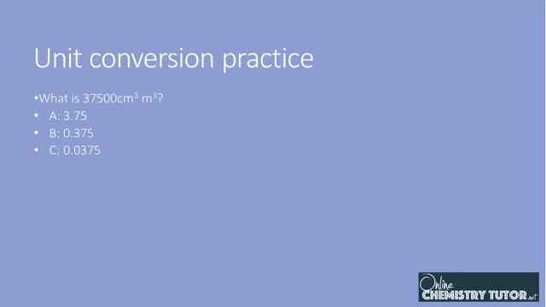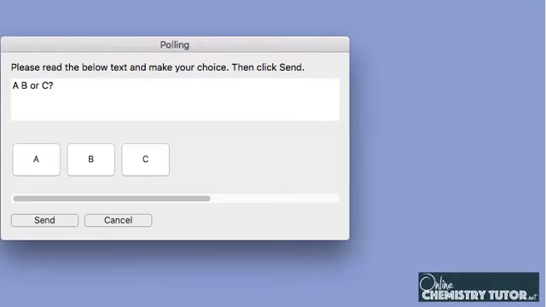Okay, so a little bit more audience participation now. Let's try some of these. Let's make sure we are confident converting these scales. First one is on its way to you now. I've given you a volume in centimeters cubed. Can you convert that volume in centimeters cubed to meters cubed?